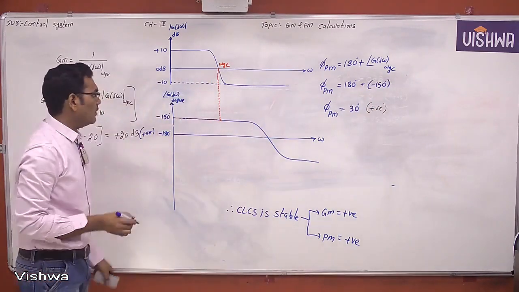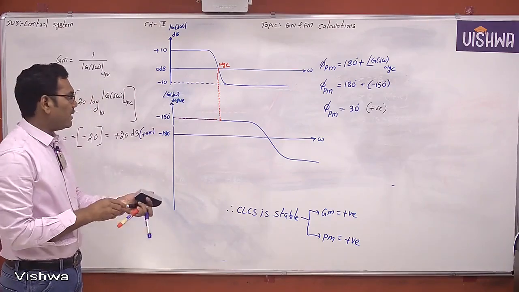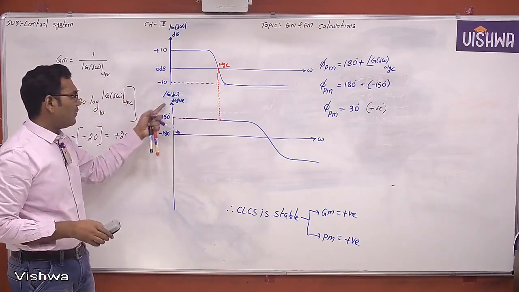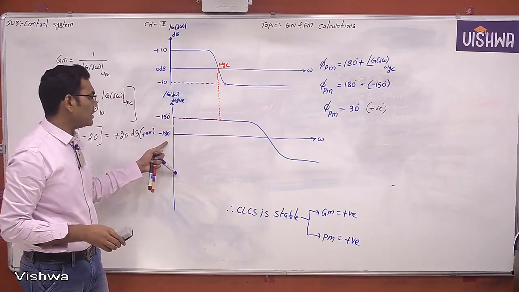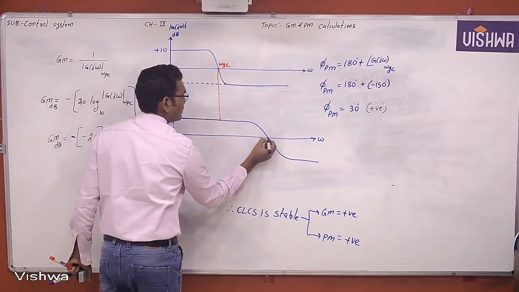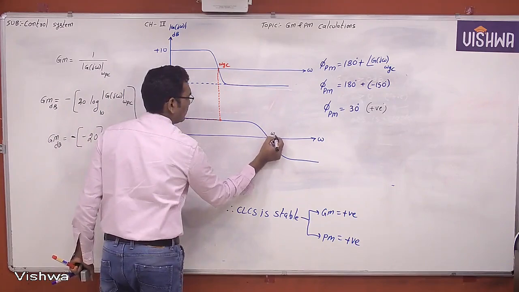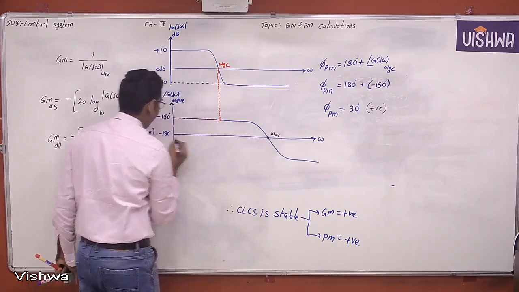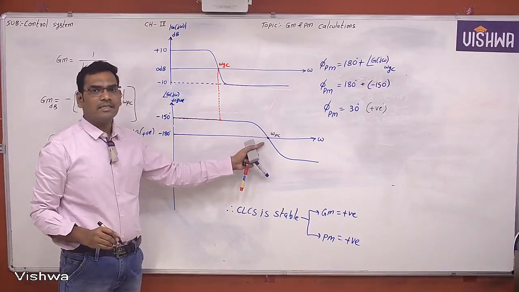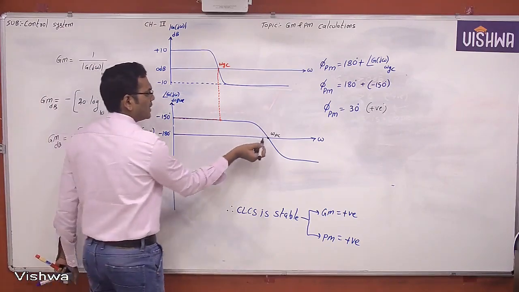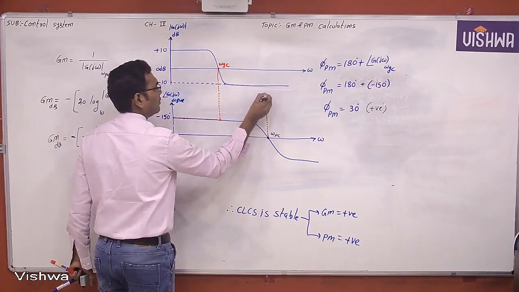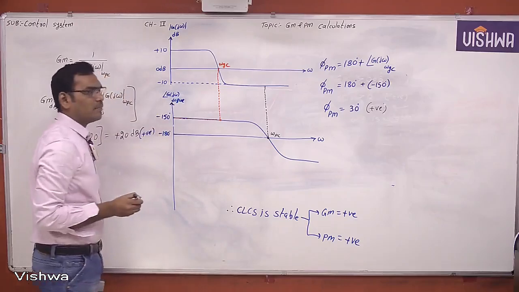Similarly, now the phase angle equal to minus 180 degrees. When the phase angle is equal to minus 180 degrees, this particular frequency is called the phase crossover frequency. Now extend this phase crossover frequency to the magnitude plot, and it will touch a particular point.